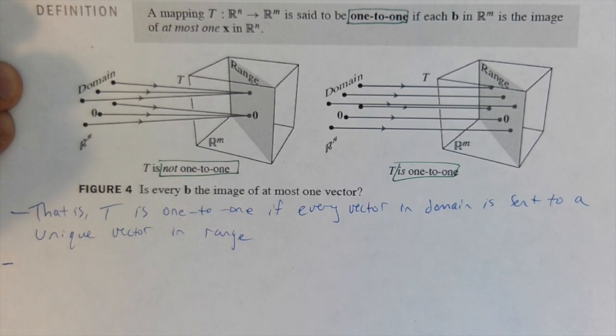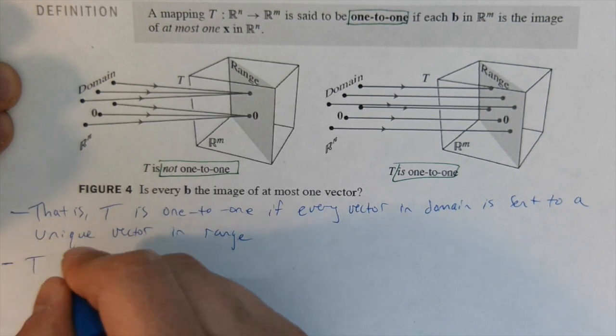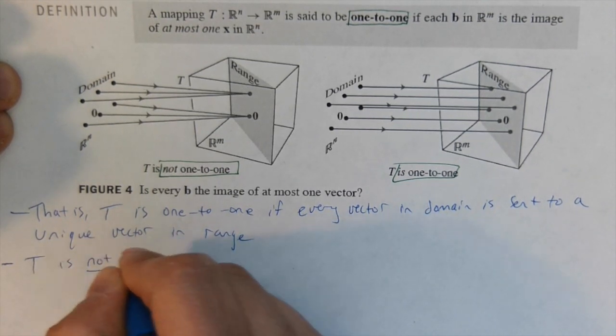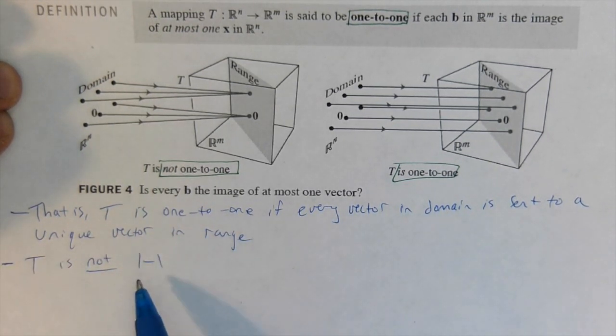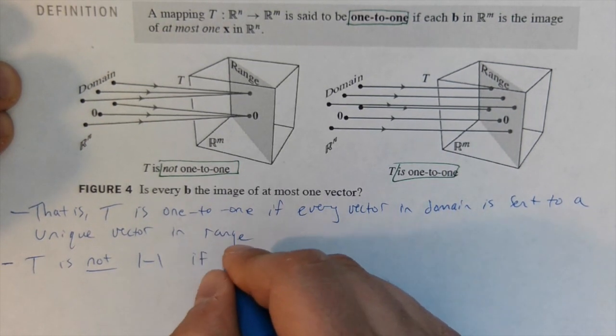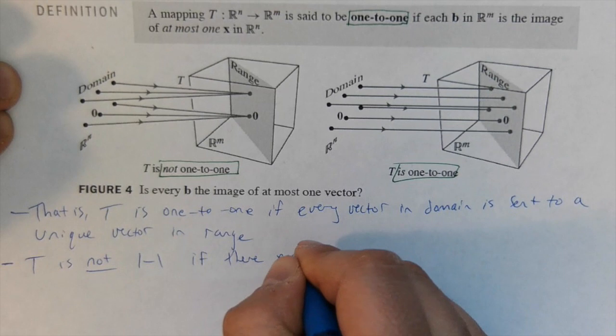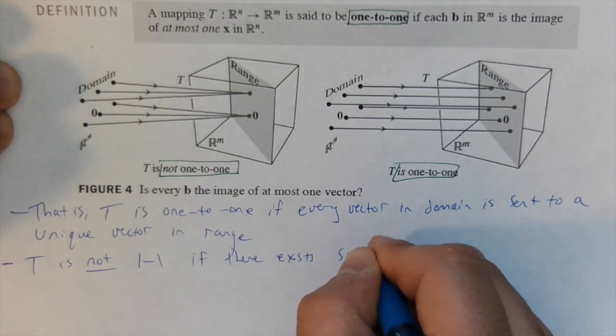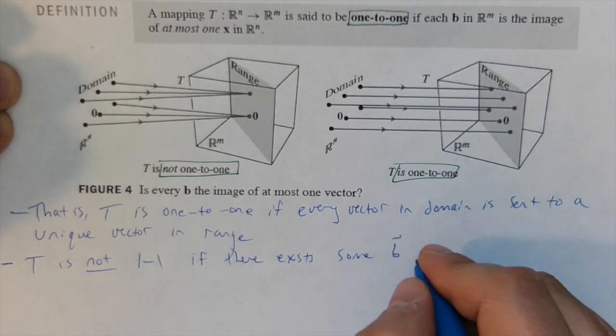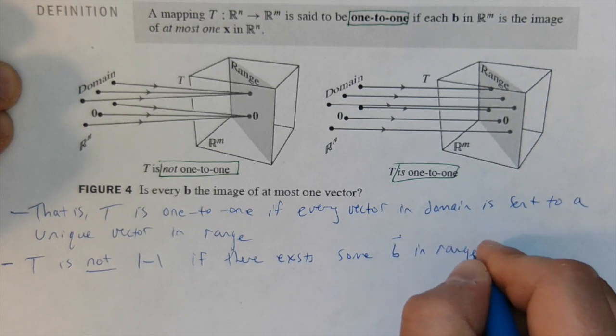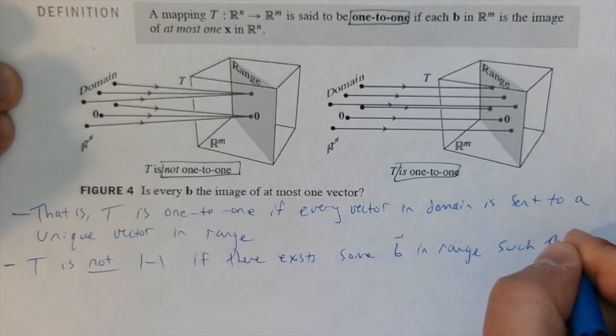And so let's write that mathematically. So T is not one-to-one. I like to abbreviate one-to-one with 1-1 just to be clear. If there exists some image in the range, so some b in the range, such that the following happens.